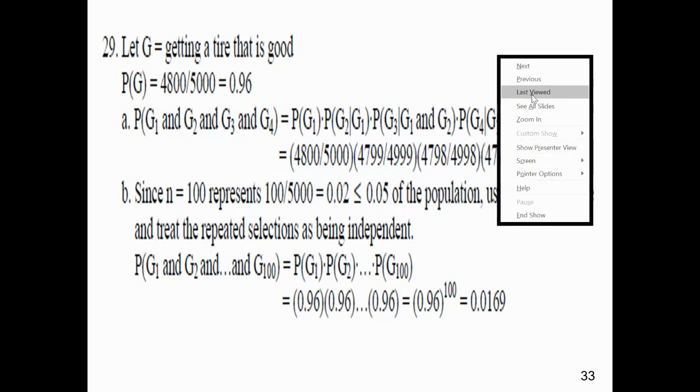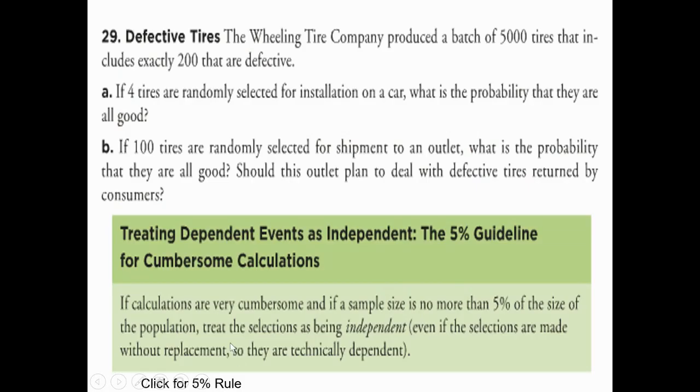So here's what he says here. He says, sometimes we treat things that are dependent as being independent, very similar to when we're given percentages. All right, 70% of the whatever are good or 70% defective. Even though the problem is intuitively a dependent problem, we're going to treat it as independent.